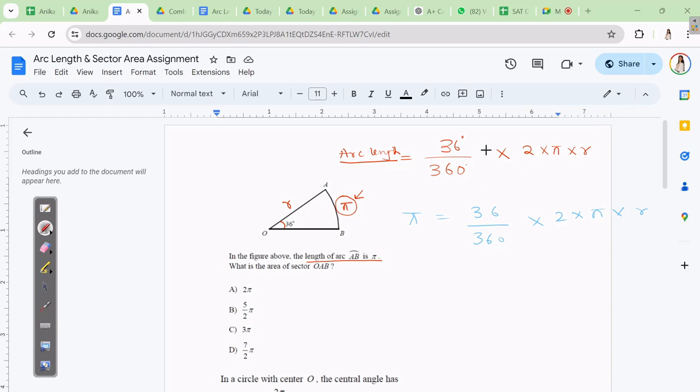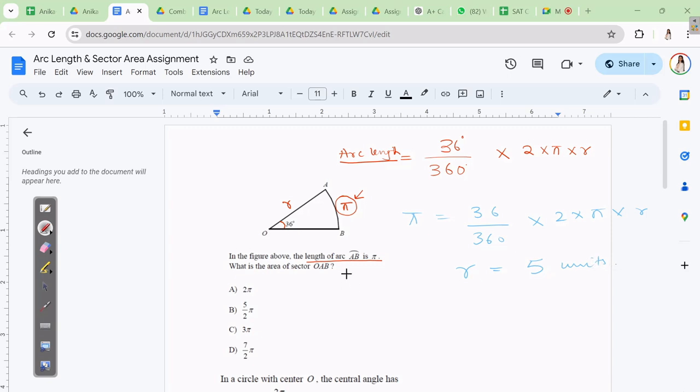r would be 5. So it will take some time. Initially you might make some mistakes when you're doing calculations in your head, but eventually you have to come to that stage that you should use your pen as little as possible. Okay, so just after this step you get your radius as 5 units.